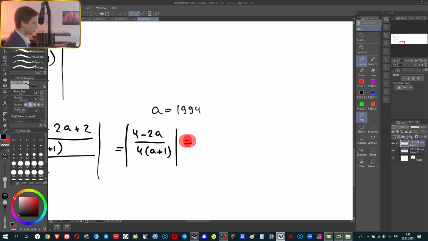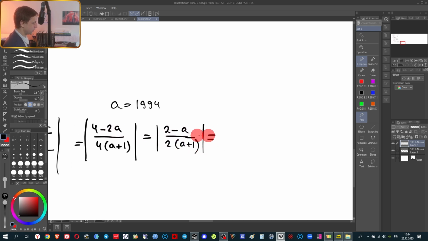Of course, here we should divide everything by 2. So it will be 2 minus a divided by 2a plus 1. You can see the fact that we introduced our variable a greatly simplified our solution. So now all the numbers that we have are simple numbers like this.